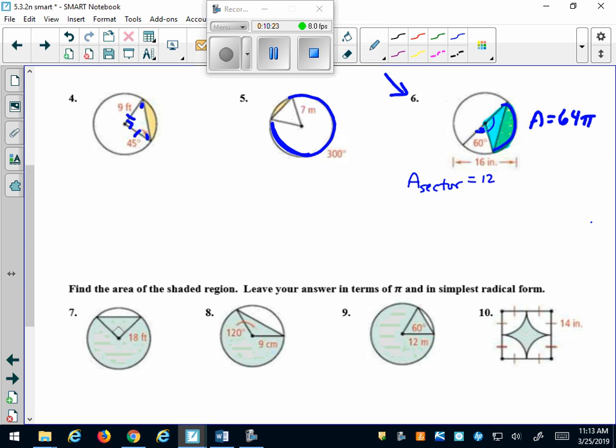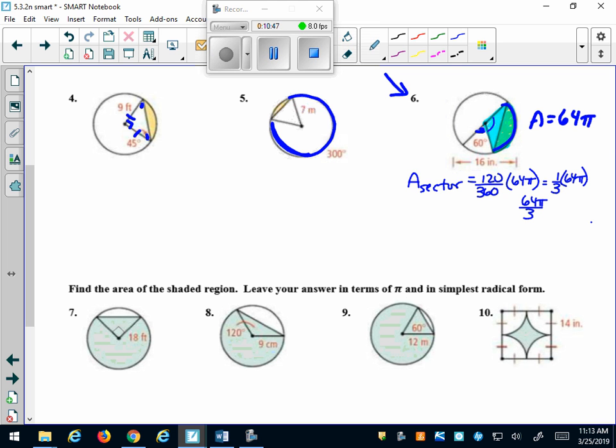So it's 120 out of 360 times 64 pi. And that's 1/3. So it's 1/3 of 64 pi, which doesn't come out to divide exactly evenly, so we're just going to leave it as 64 pi over 3 for now. That's the area of that whole shaded sector.